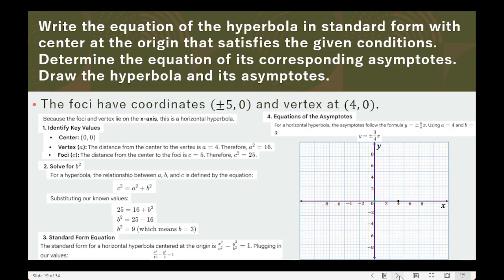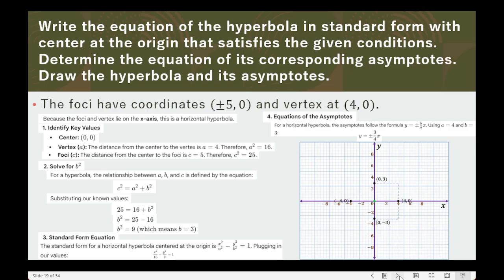Then we plot the two vertices. One has coordinate of 4, 0, and the other vertex has a coordinate of negative 4, 0. Then we have the endpoints of the conjugate axis, whose coordinates are at 0, 3, and the other end is at 0, negative 3.